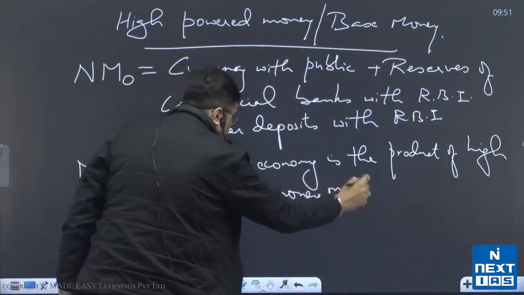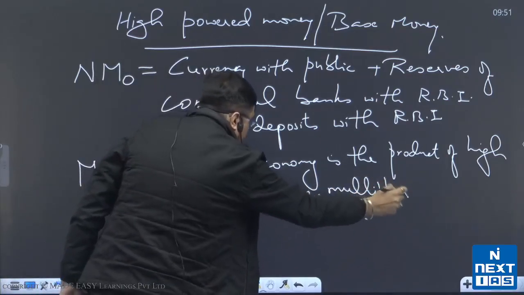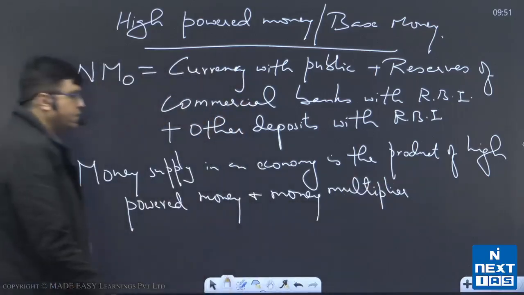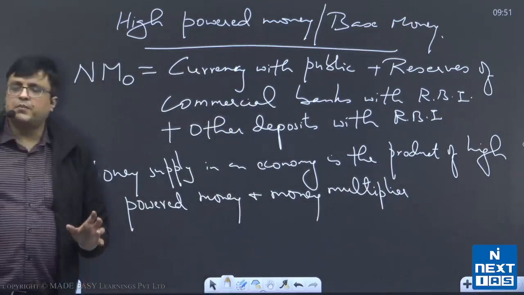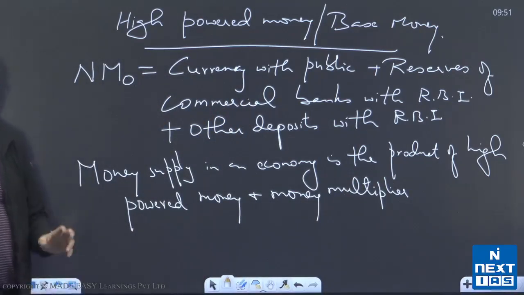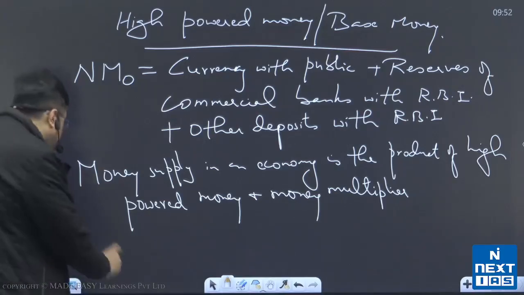Money supply in an economy is the product of high-powered money and money multiplier. All right, that is money supply in an economy. Now, what is a money multiplier?